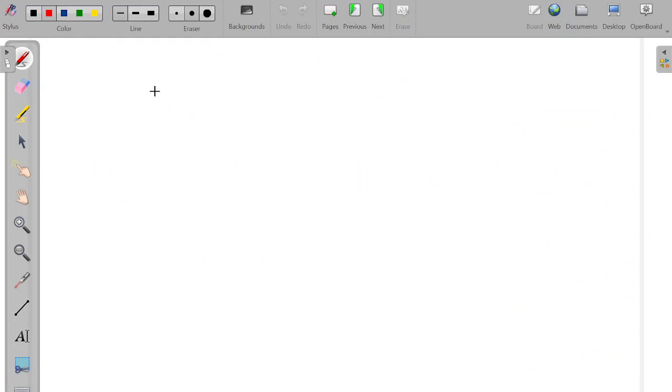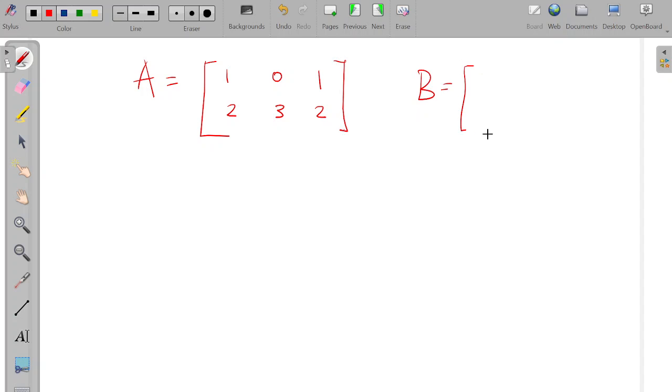So, for example, A is given as 1, 2, 0, 3, 1, 2. Okay, so what's the size of this? That is 2 by 3. Now, B will now be 2, 1, 0, 2, 0, 3. What is the size of B?